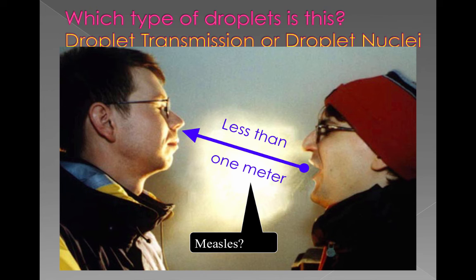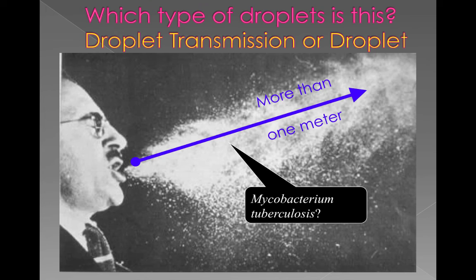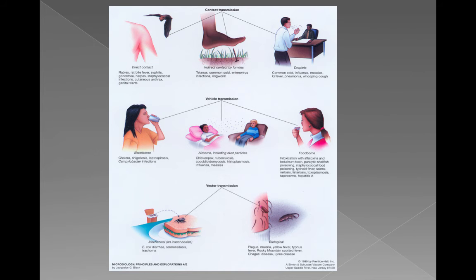This one is droplet transmission, and that's one way that measles gets passed. Now, how about this one? Ugh, that is a terrible looking sneeze. If those droplets go more than a meter and they remain suspended, that's droplet nuclei. Sorry, it's kind of cut off at the top there. An example of that is Mycobacterium tuberculosis.